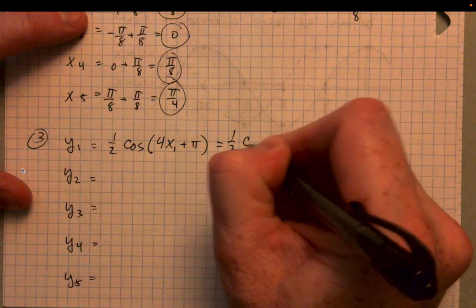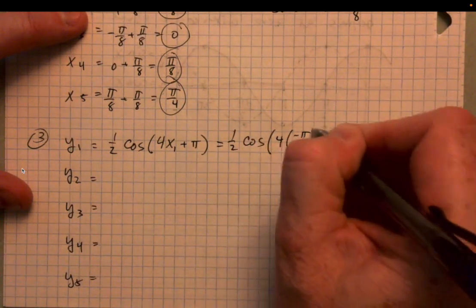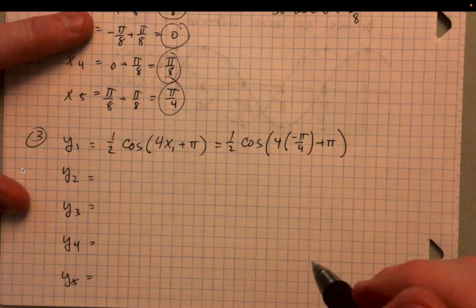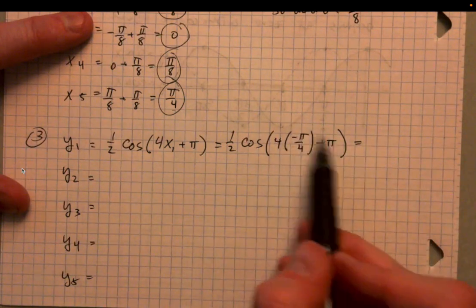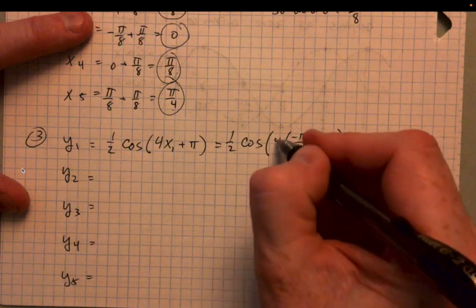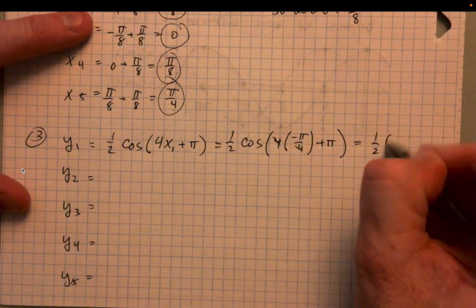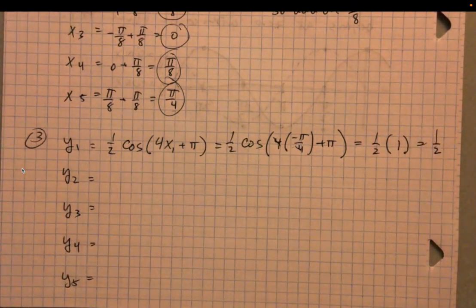So 1/2 cosine of 4 times negative pi over 4 plus pi. And what do I get there? Well, this is 0, isn't it? The 4's will cancel, and then I got a negative pi plus a pi, and so that's 0. So this is 1/2 times the cosine of 0, which is 1. So we start at 1/2.